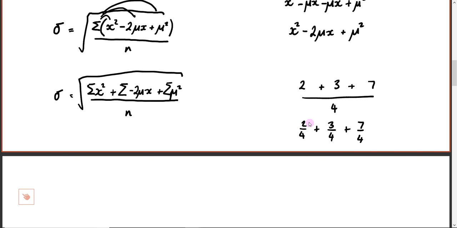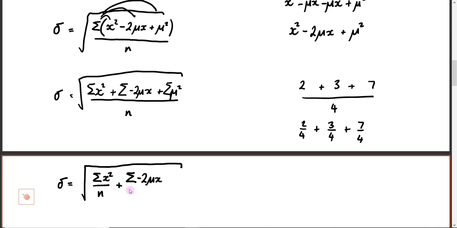You add the numerators and keep the denominator the same. So that's all it's asking you to do again. So we've got sigma x squared over n plus sigma minus 2 mu x over n plus sigma mu squared over n. We've just separated it all out.